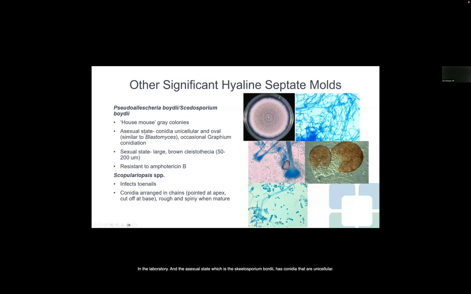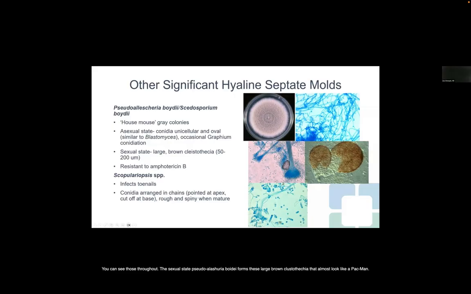And the asexual state, which is the Scedosporium boydii, has conidia that are unicellular. They're oval, and you can see some similarities with Blastomyces. Can occasionally also have a graphium-like conidiation. And what this means is that all the conidiophores are bound together, and then they diverge here at the apex, and then they bear clusters of oval conidia. You can see those throughout.